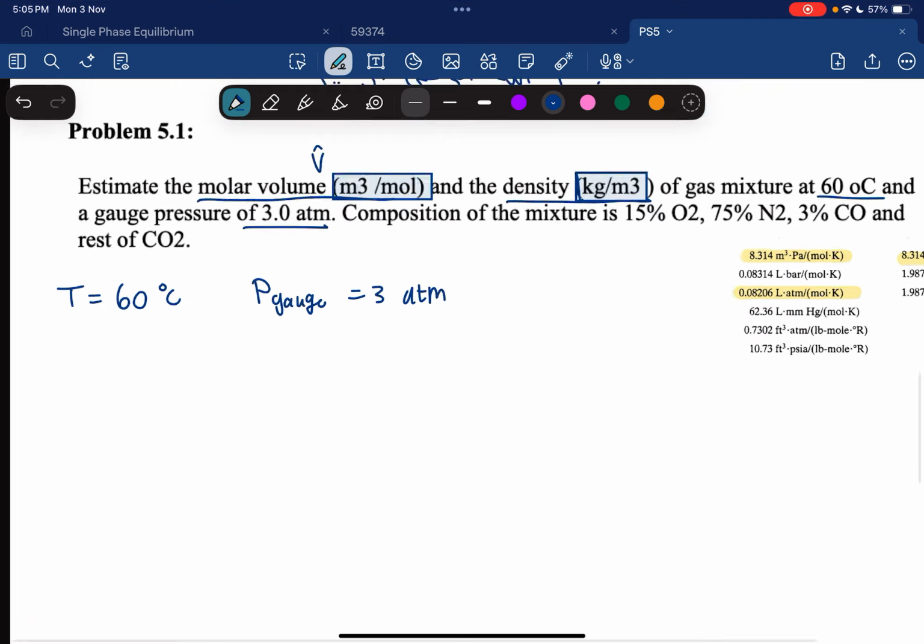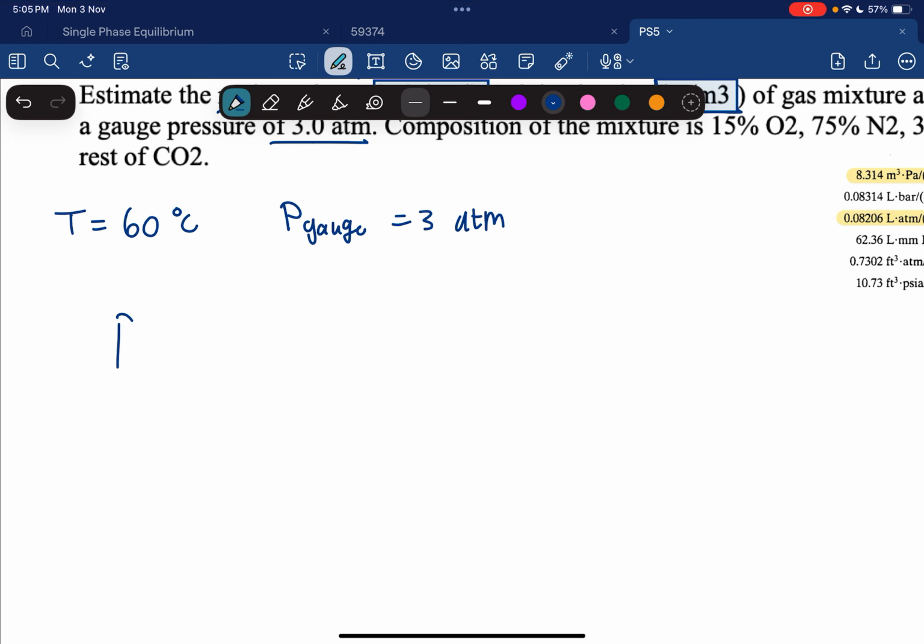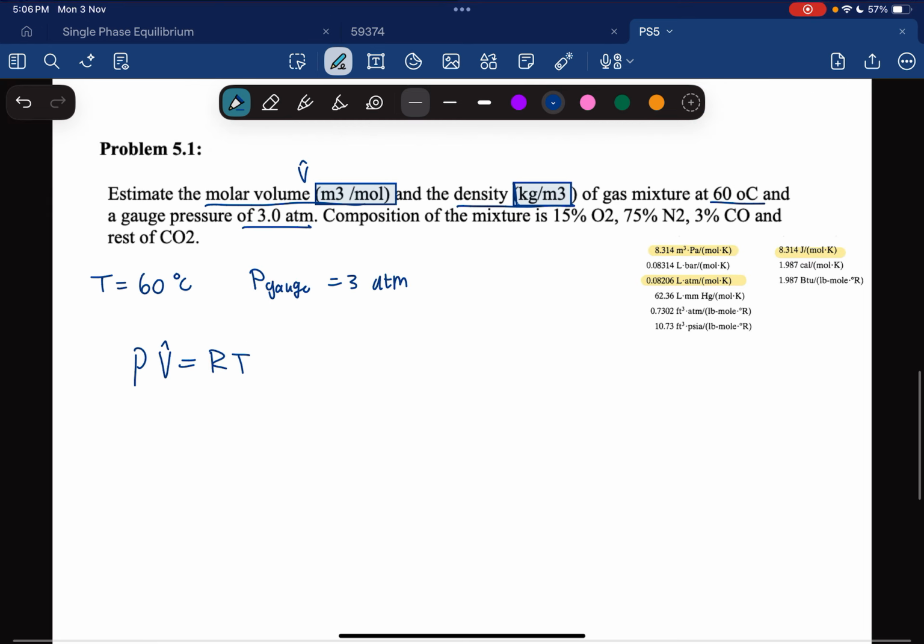So let's start solving. We have from the equation of the ideal gas law this relation. And keep in mind that the pressure needs to be the absolute pressure and the temperature needs to be the absolute temperature in Kelvin. So from the definition, the absolute pressure is equal to the gauge pressure plus the atmospheric pressure.